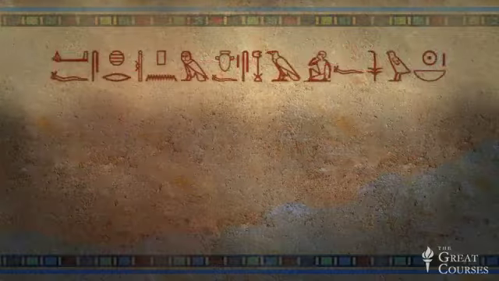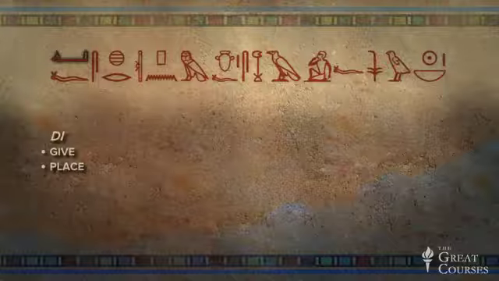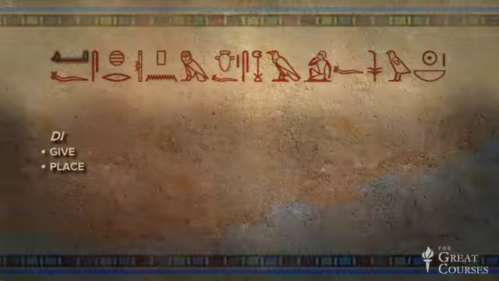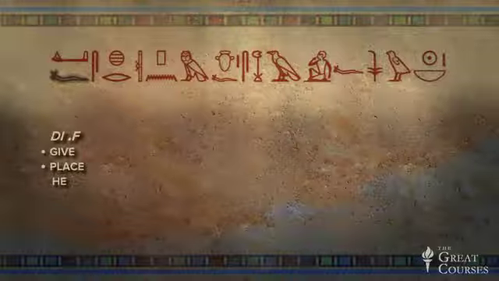What's next? It looks like the arm with a cone of incense in the hand, pronounced D, meaning to give or place. What follows this verb? The suffix pronoun horned viper, so it must be he. We're doing fine. Okay, what's our next word?